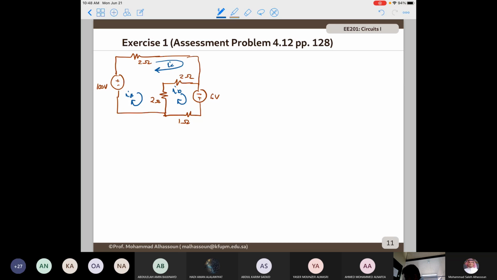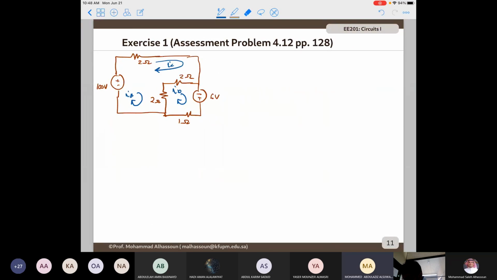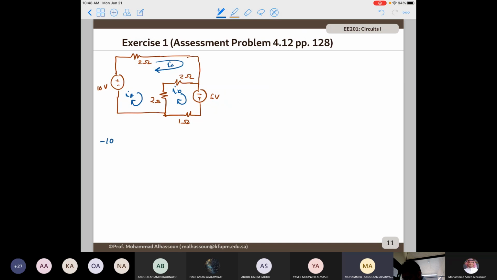Yes, it will be minus 10, plus 2 IC plus IA, plus 2 IC plus IA. Are you sure? I think it's 2 IC actually.